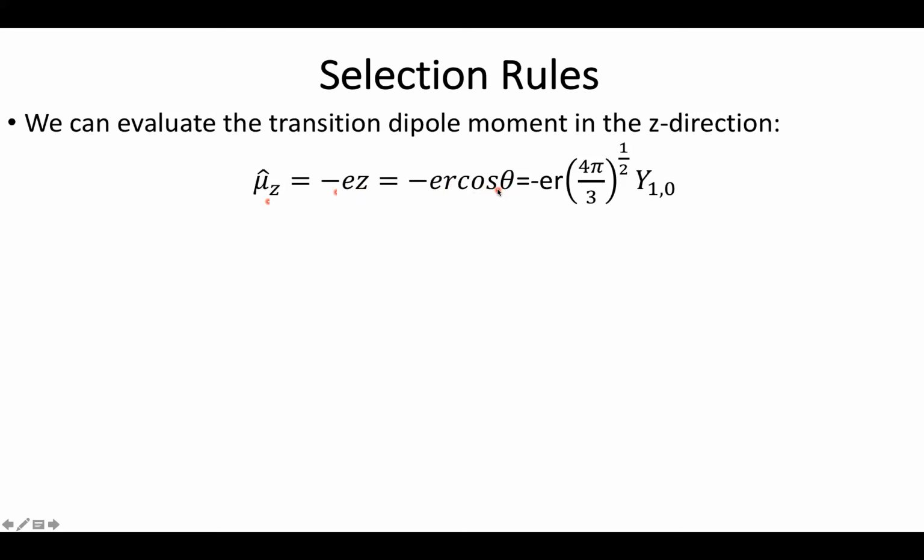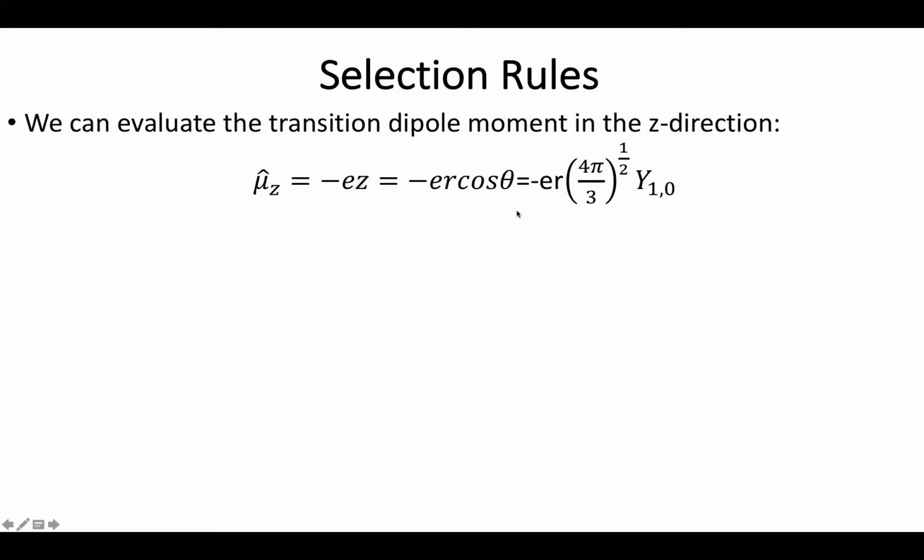And where this gets really special is it turns out that cosine theta is related to one of our spherical harmonics, most notably L equals 1, m sub L equals 0. You probably remember this as the pz orbital, a nice little p orbital in the z direction. So, of course, we have to tag along our normalization constant because it likes to go everywhere too.